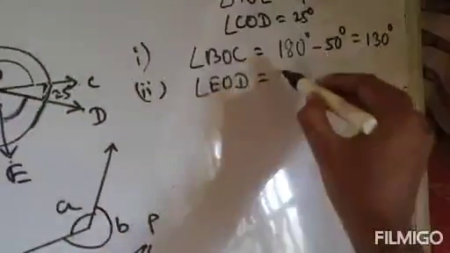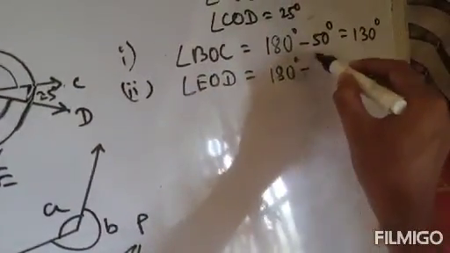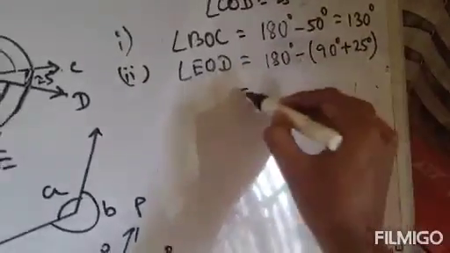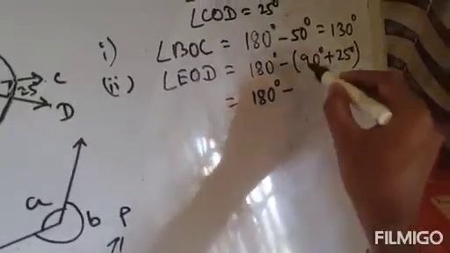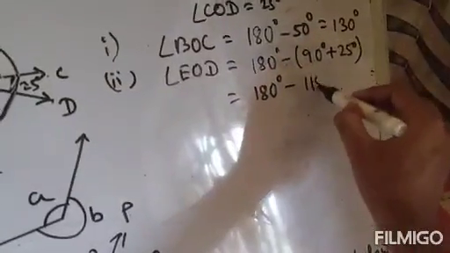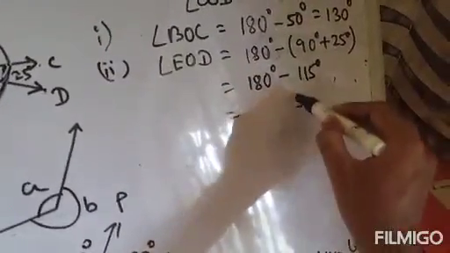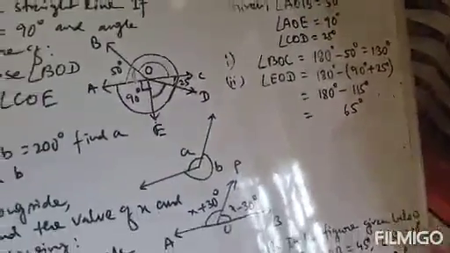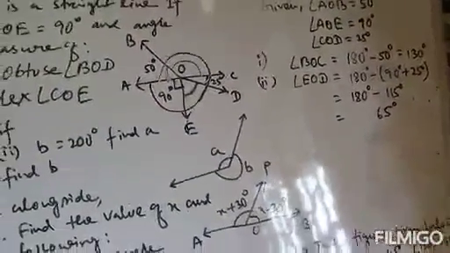So EOD will be 180 degree minus 90 degree plus 25 degree. 180 minus 90 and 25, that is 115, so it will be 65 degree. Angle EOD will be 65 degree.